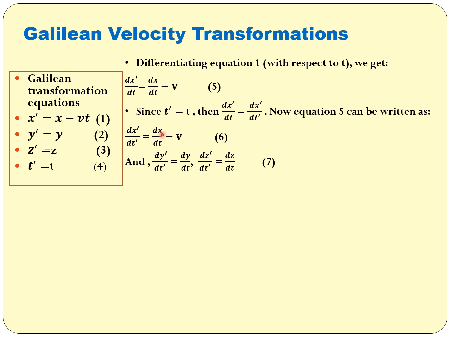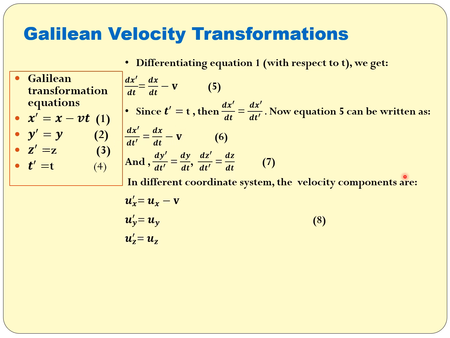Then we put t prime equal to t, meaning we can replace dt by dt prime, so dx prime by dt is dx prime by dt prime. We can write it as equation number 6: u x prime equals u x minus v, and there is no motion along the y and z axes, so u y prime equals u y, and u z prime will be u z.